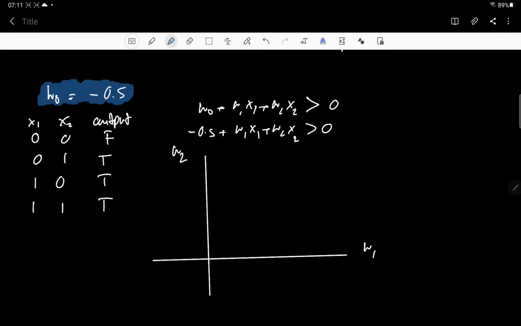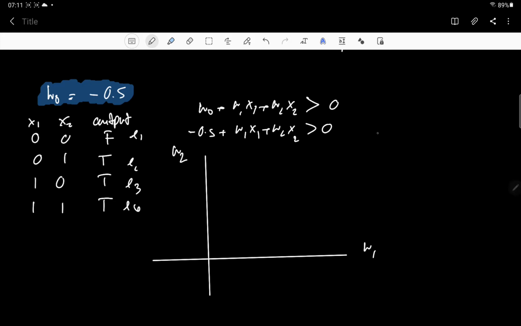Okay, so it's quite simple, right? Let's check here for E1, E2, E3, and E4. Okay, we start with E4 first.